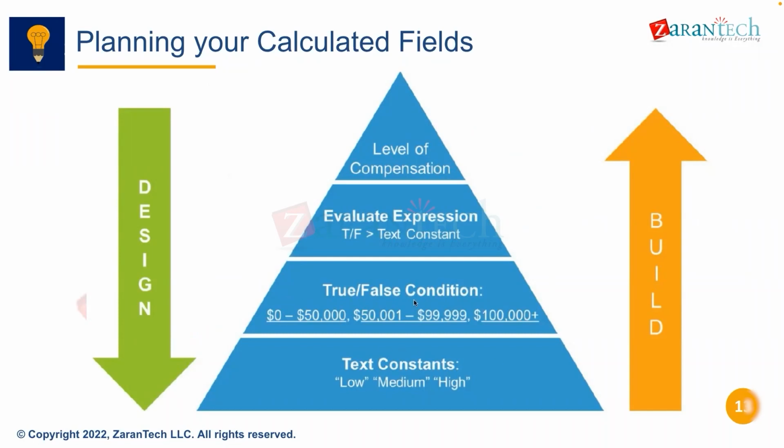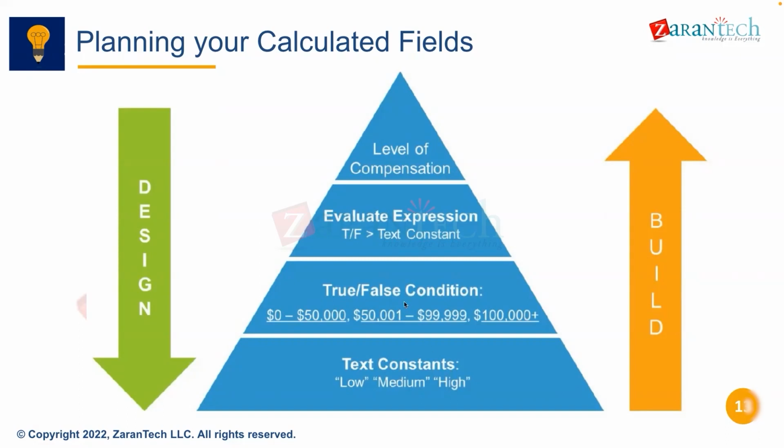We'll see it more in action when we really get into this topic, but just an idea: text constants will be the field that we'll be using for all of them. True and false condition will be true for a few folks. Evaluated expression will be true for even fewer folks, and level of compensation will be the same for even fewer of the population. So based on the type of values that we will see against workers, we will see low, medium, and high for a lot of employees, because it's going to be the same, right?